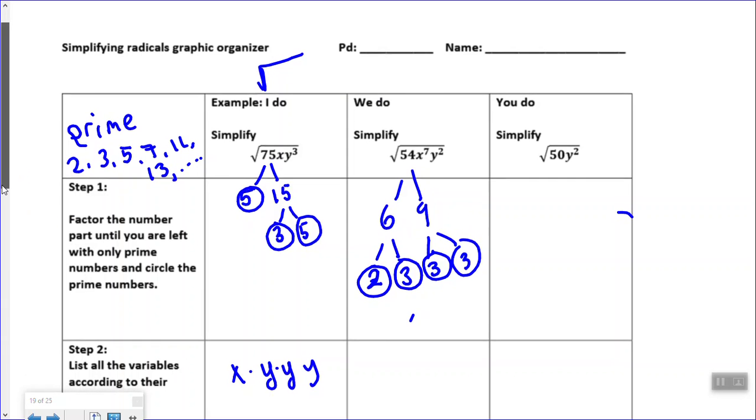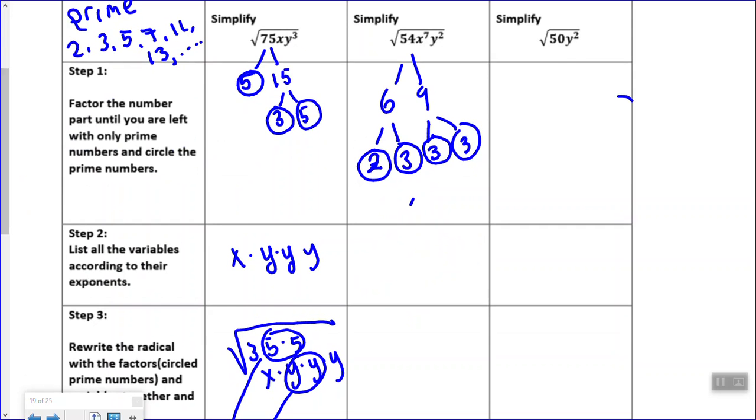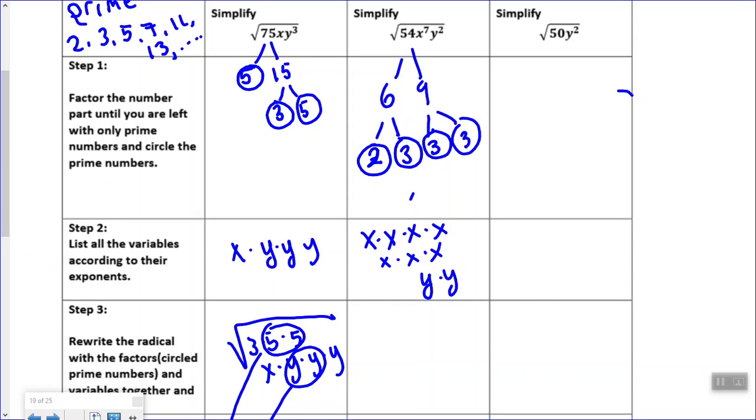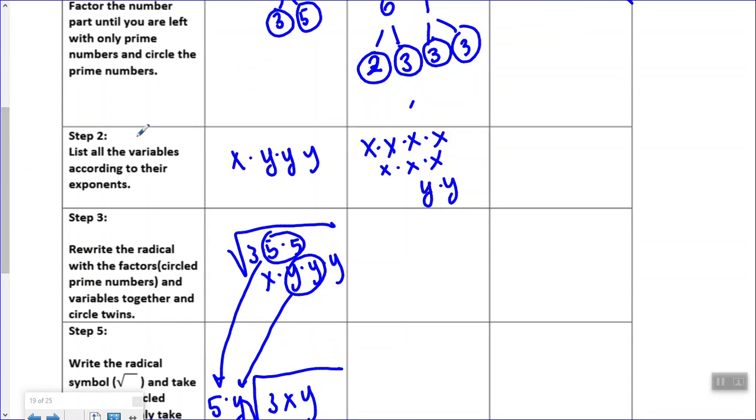And next step, you're gonna write all the variables according to their exponents. So we have x to the 7th, 1, 2, 3, 4, 5, 6, 7, and you have y times y. And step 3, we're gonna write the number parts and variable parts all together inside the radical.